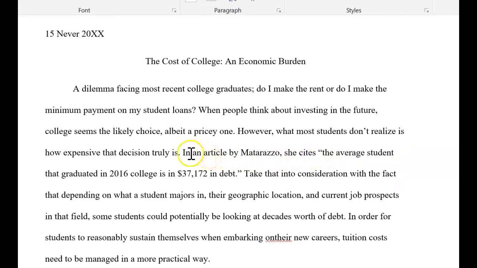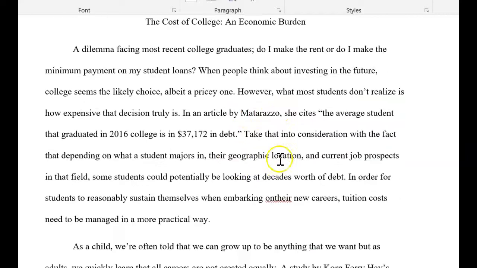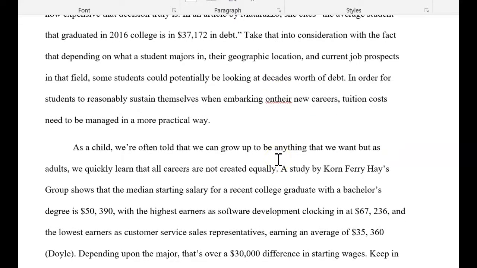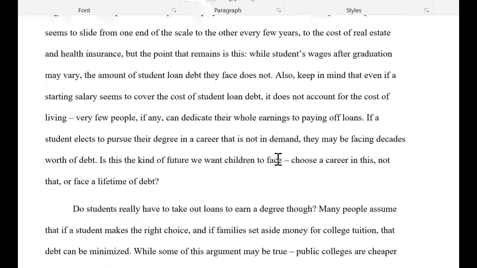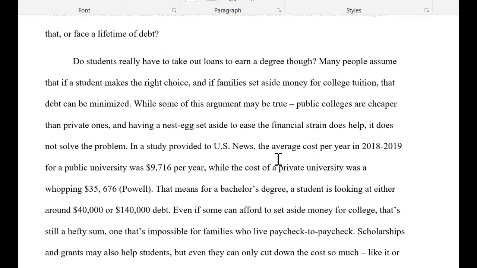So you could do it this way: "In her article, Matarazzo cites." That would be a better way to do it. But it is important: MLA style does require you to use the author's full name the first time the source is referenced. So here we would have Matarazzo, and you'll see that a lot of times the student just introduces the last name with that first one.